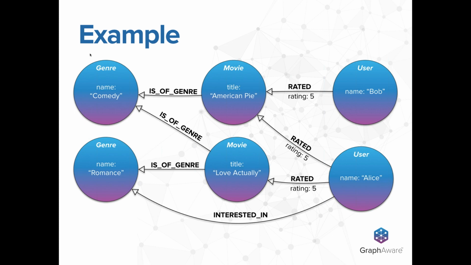We could also say that Bob has rated American Pie quite highly. There's another person that rated that movie highly, and that's Alice. And Alice has also highly rated Love Actually. So there's another way we could discover the same recommendation. These would be two different engines discovering the same movie.